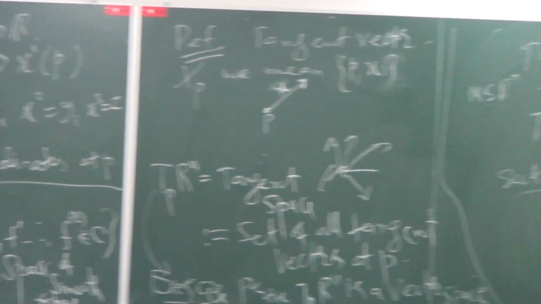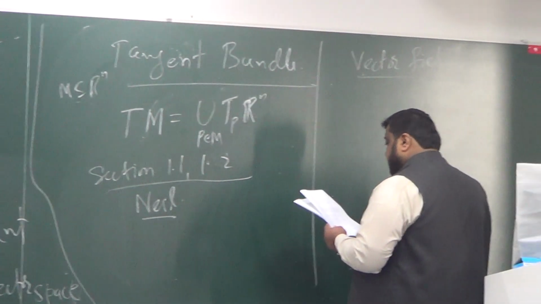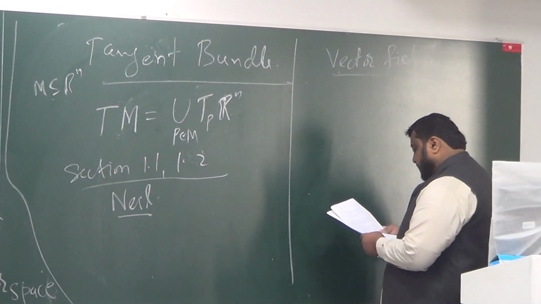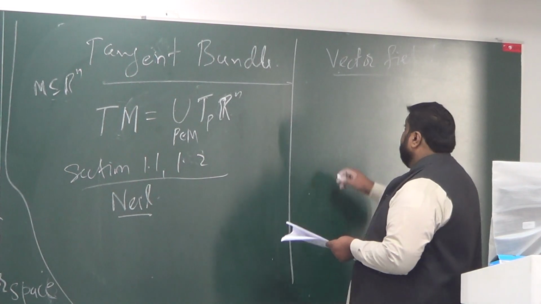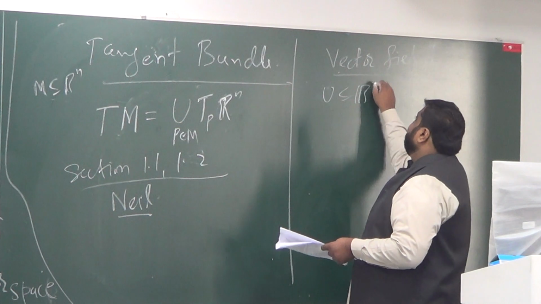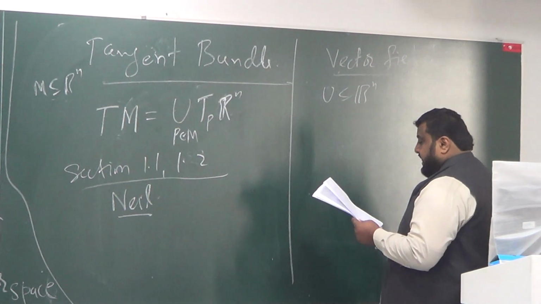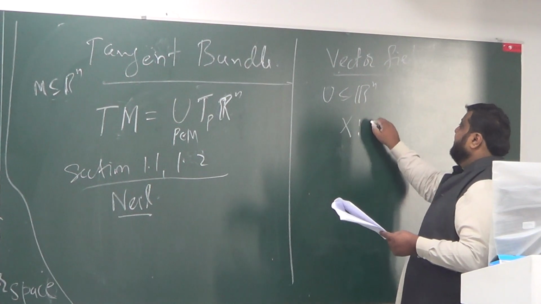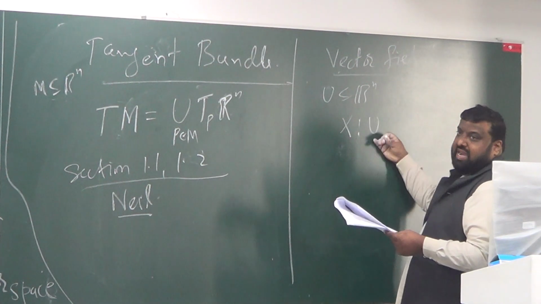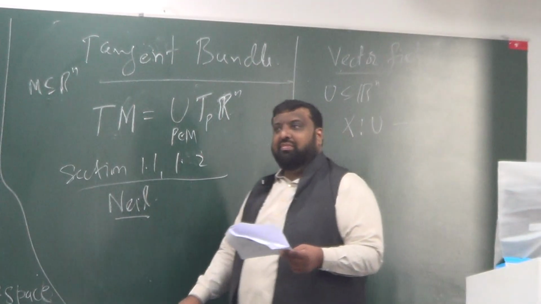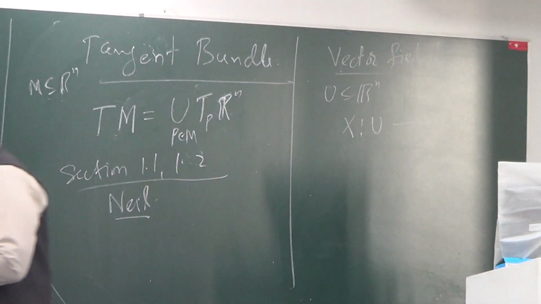So what's a vector field? Imagine that U is a subset of Rn, and for us a vector field is X, which is a map from U. Have a guess. What must be that?